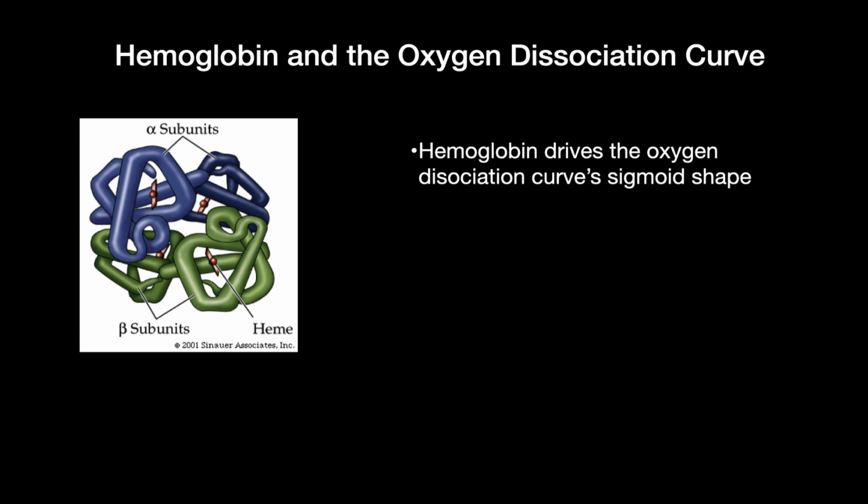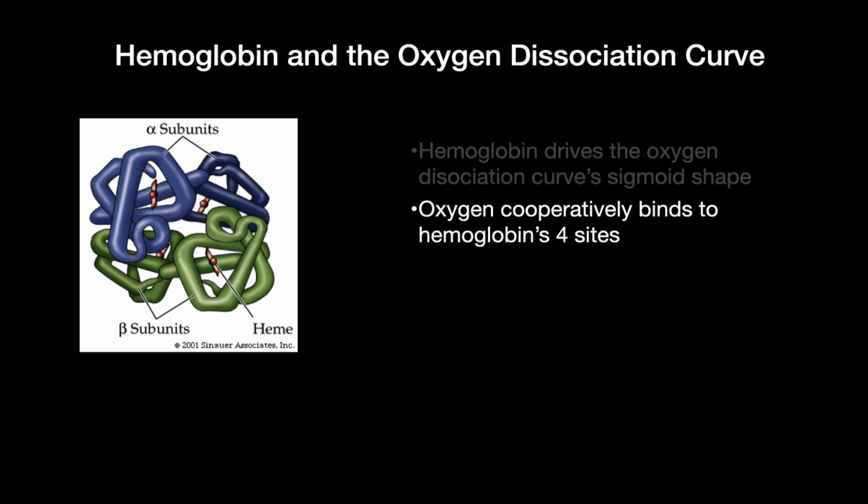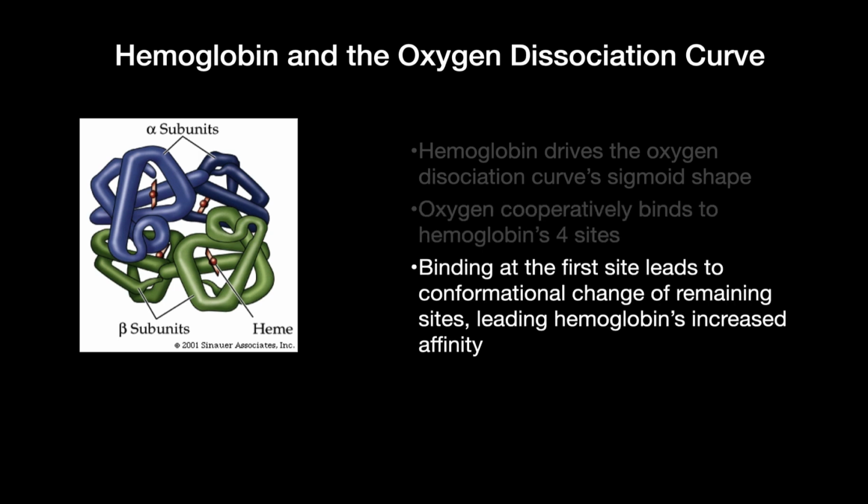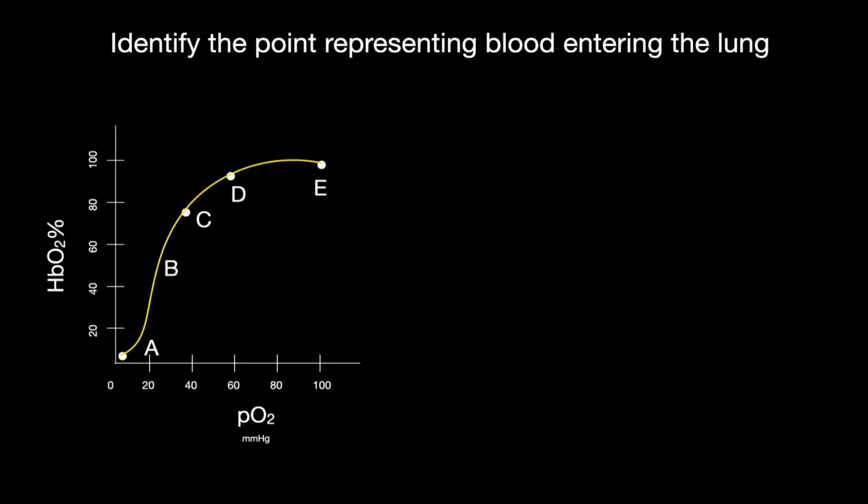Hemoglobin drives the oxygen dissociation curve's sigmoid shape. On the hemoglobin, there are 4 sites that oxygen binds to. And binding at the first site leads to conformational change of the remaining sites, leading to hemoglobin's increased affinity for oxygen. So after that first oxygen binds to it, hemoglobin becomes more sticky for oxygen.